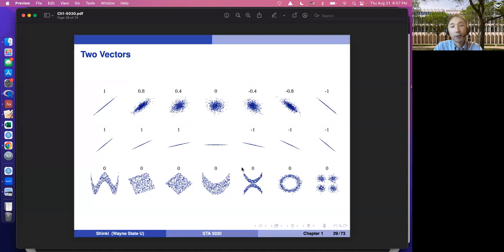So these are some examples. For the second one, the horizontal axis is x and the vertical axis is y. When x is larger, the y value tends to be larger. We have a positive trend line, so we have a positive correlation coefficient. If the relationship is stronger, then the correlation is larger in absolute value.